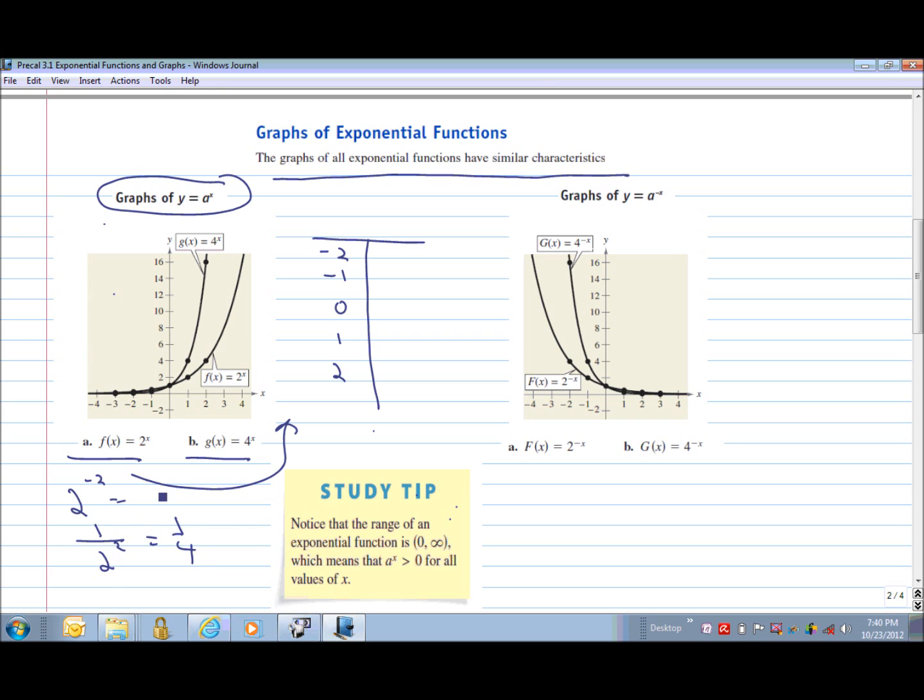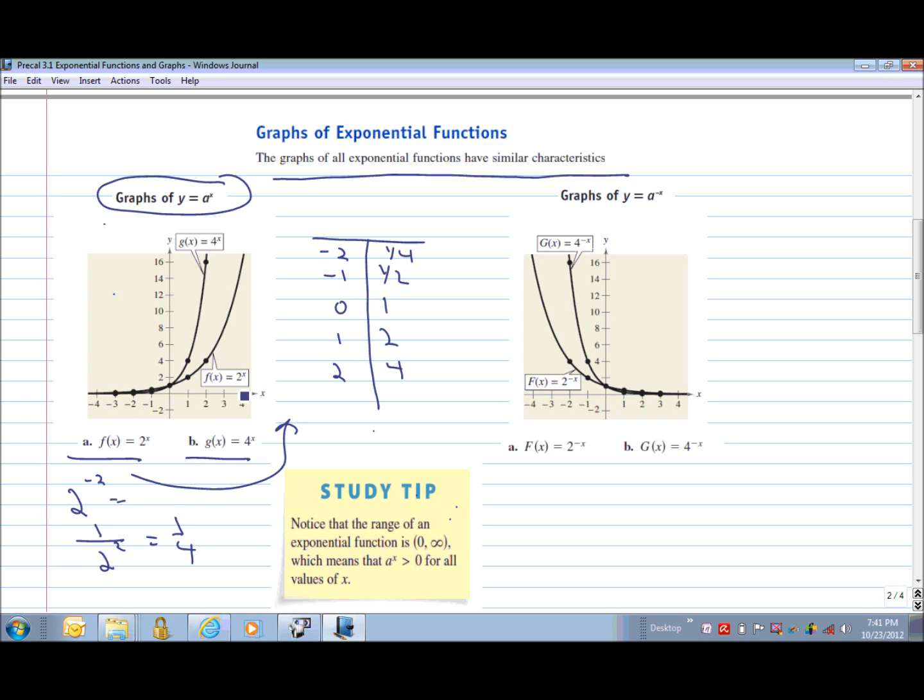So 2 to the -2 power would be 1/4. 2 to the -1 power would be 1/2. Anything to the 0 power is always 1. Of course, 2 to the first would be 2, and 2 to the second would be 4. And that would be our t-table of values.